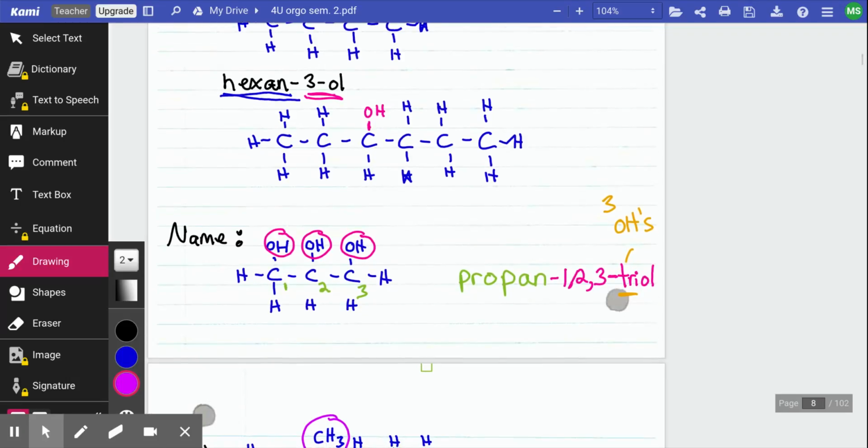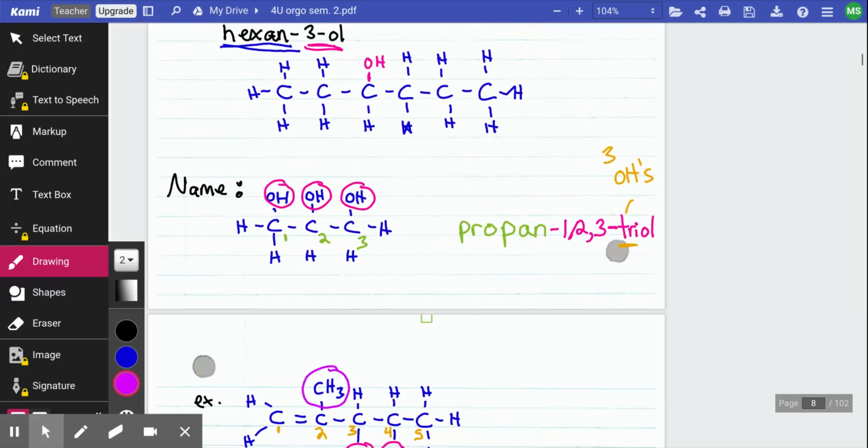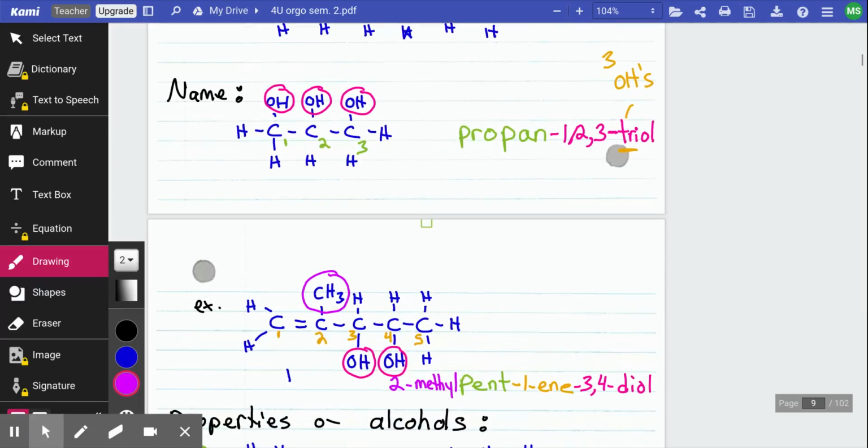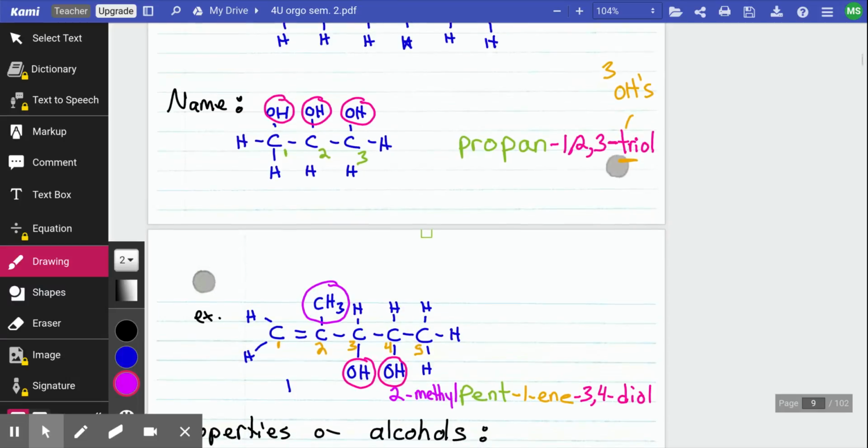Okay. Now, sometimes an alkene or an alkyne can also be an alcohol. So that is an example of this one that we see here. Now, when it comes to numbering, a hydroxyl group would get a preferential number over an alkyl side chain, so over a methyl or an ethyl, but the double bond takes the lowest number over anything else.